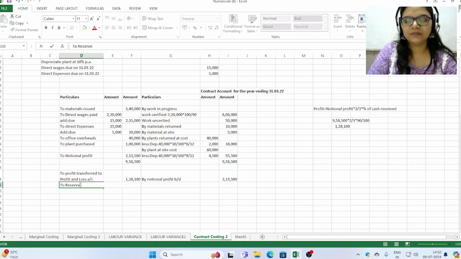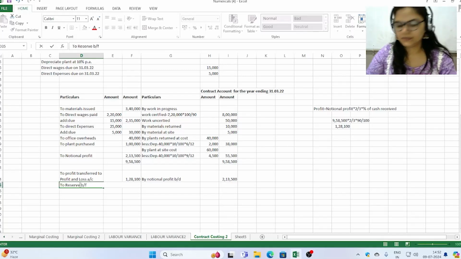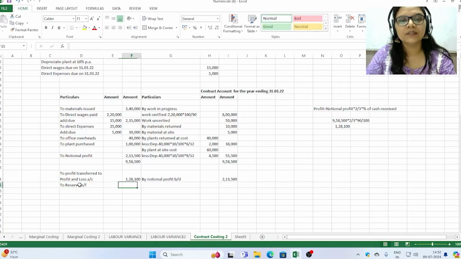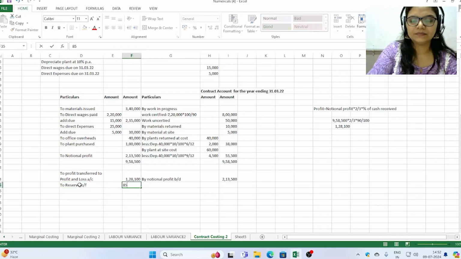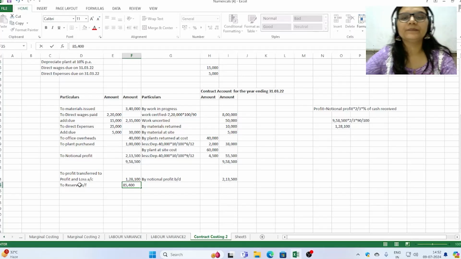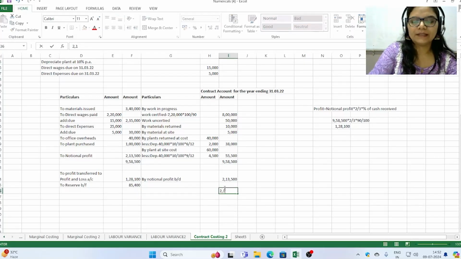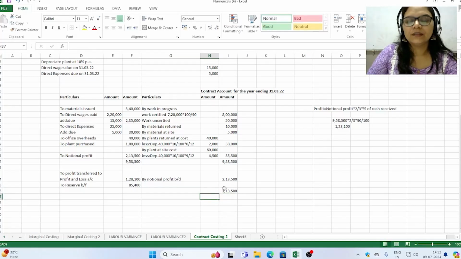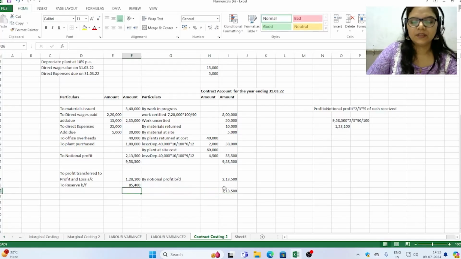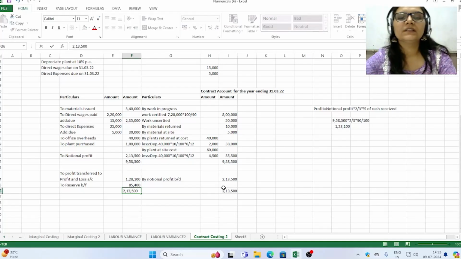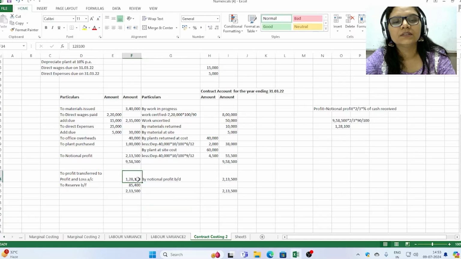To reserve brought forward, which is 85,400. 2,13,500 will give you 2,13,500. This is your notional profit reserve.